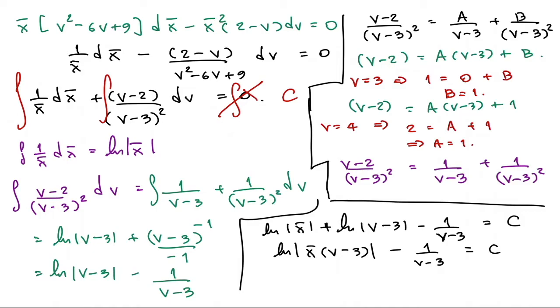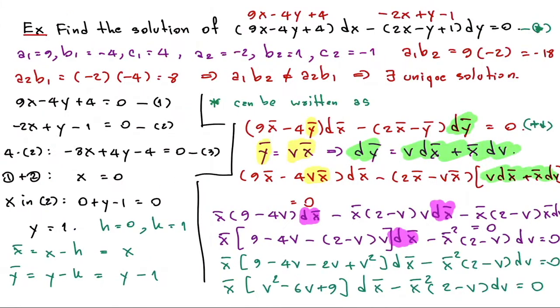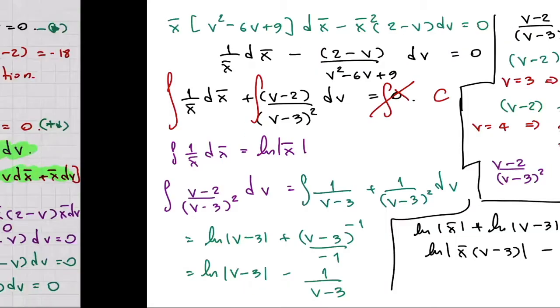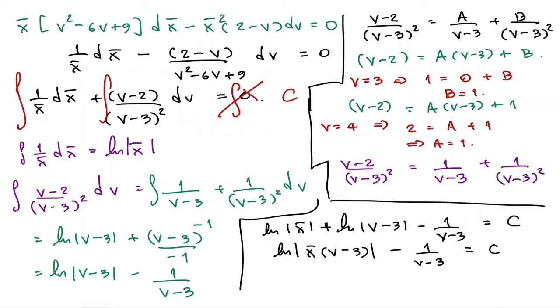Before that, we let what? Oh, it's here. We let y bar be v x bar, right? So I just write here y bar be v x bar. Okay, this is my note. So I need to substitute back, right?